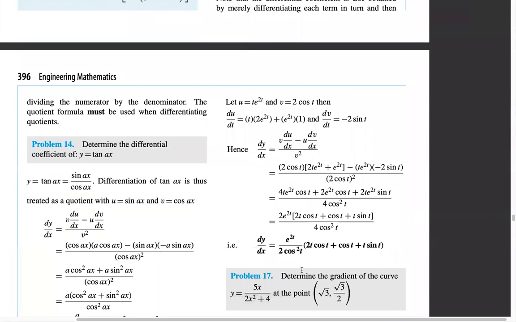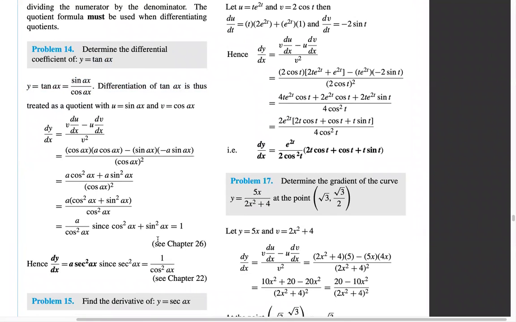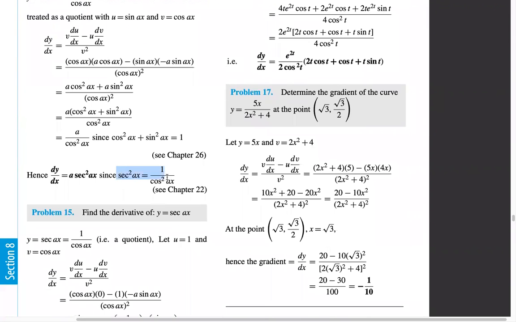That's for a quotient. And you see here they try to do it with tan x. They represent tan as sine over cosine, and they get sec squared, which is 1 over cosine squared, right? So you could have a lot of stuff happening here. Watch out for this question. This is a question to give you stress here.